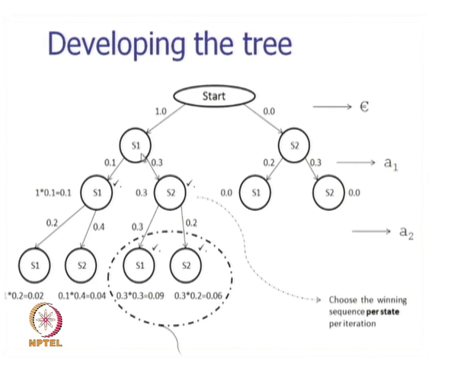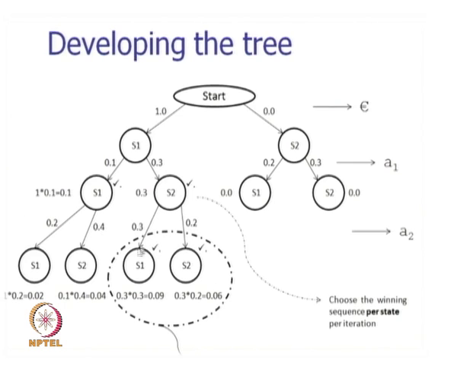So, the probability of the sequence S1, S1, S1 on A1, A2 is 0.02. Similarly, the probability of the sequence S1, S1, S2 on observation sequence A1, A2 is 0.04. That of S1, S2, S1 is 0.09, that of S1, S2, S2 is 0.06.